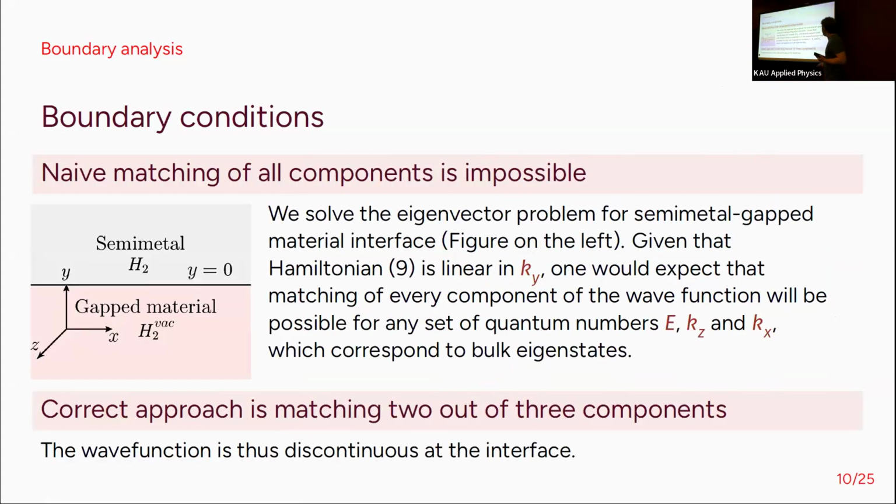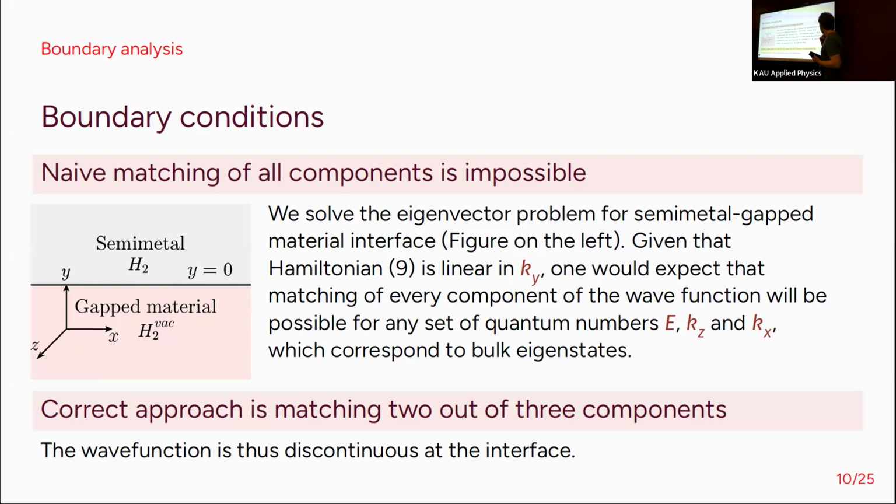So naive matching of all components, despite our Hamiltonian being linear, where we would expect that matching of the wave function would be a good boundary condition, is impossible for any state, for bulk state or for edge, for surface state.